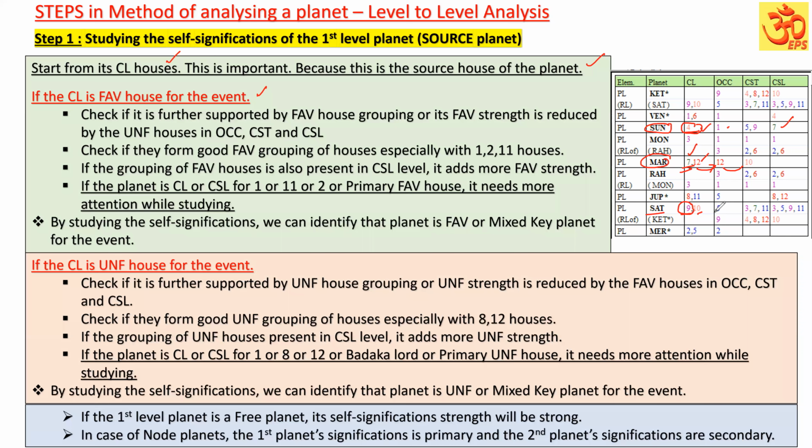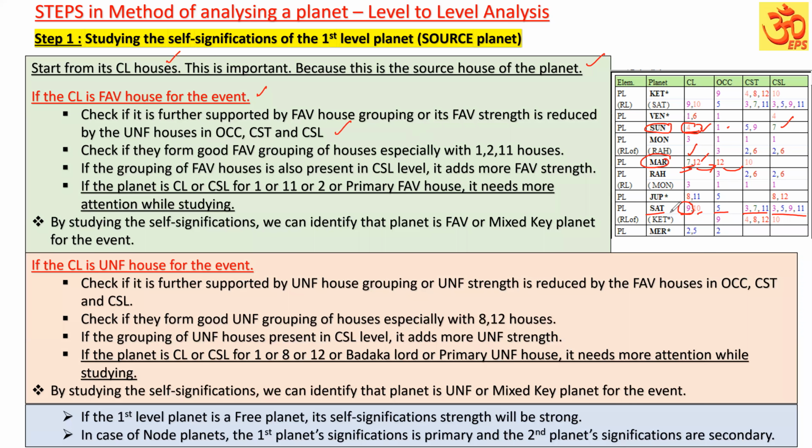That is important. Now the planet is 9th Lord, occupying the 5th house, 3, 7, 11 star Lord, and 3, 5, 9, 11 cuspal sublord. So it indicates the planet is supported by favorable house grouping in OCC, CST, and CSL. This is the case with Saturn.